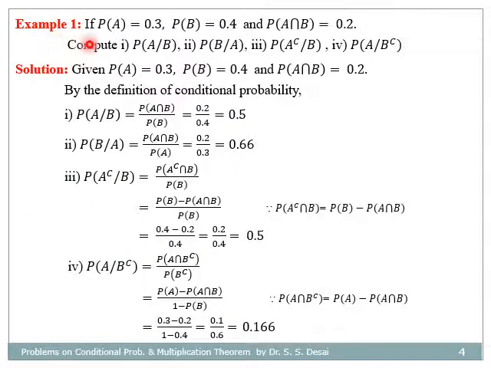First problem: if probability of A is 0.3, probability of B is 0.4, and probability of A intersection B is equal to 0.2, then find these conditional probabilities. For the solution, by the definition of conditional probability, we have probability of A given B is equal to probability of A intersection B divided by probability of B. That is equal to 0.2 divided by 0.4, that is 1 by 2, that is 0.5.